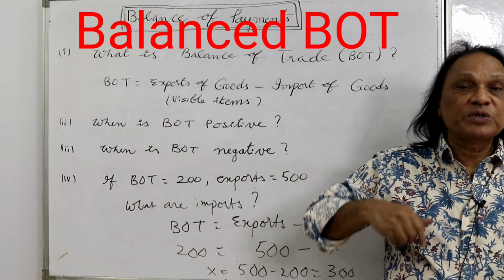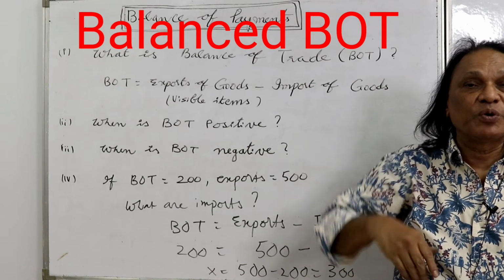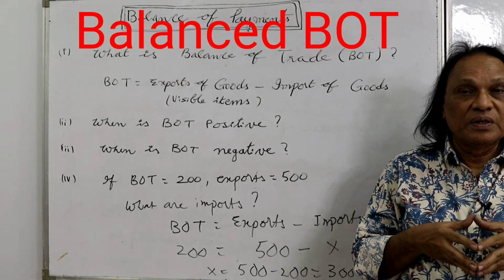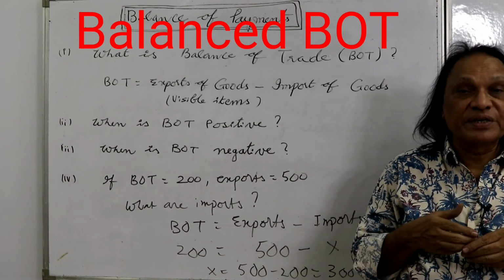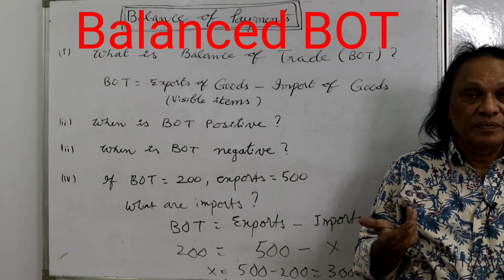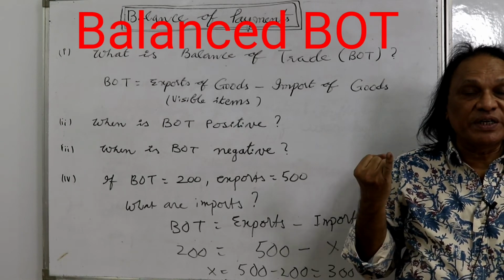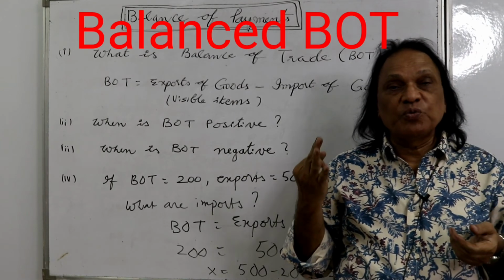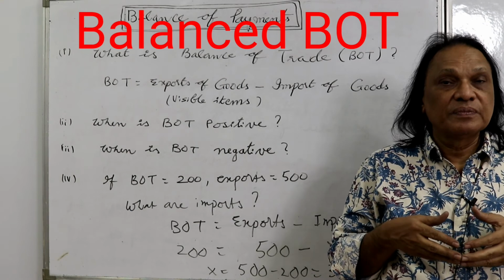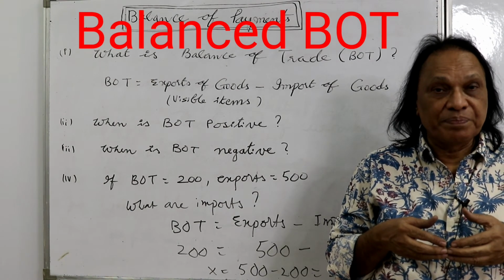For example, we exported goods worth 500 and imported goods worth 500, so BOT will be 0. We're not commenting here which is good and which is bad. These are just concepts. What is BOT? When is BOT positive? When is BOT negative? When is BOT 0 or balanced?